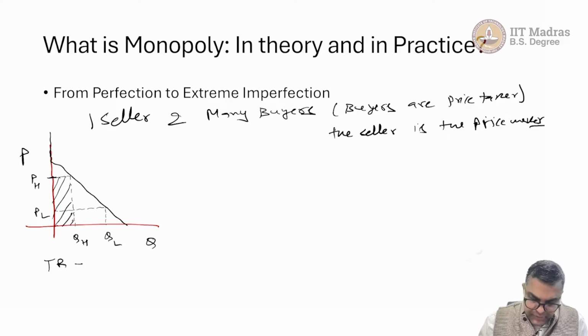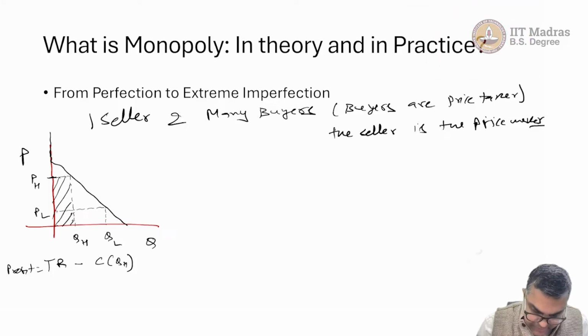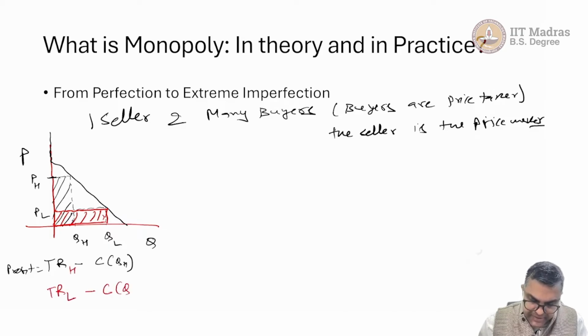And of course, we have to look at profit, we have to see TR minus how much is the cost to manufacture QH. And if it has a lower price, this is what it captures as total revenue, and the profit is going to be, let us say, TR low minus C(QL).